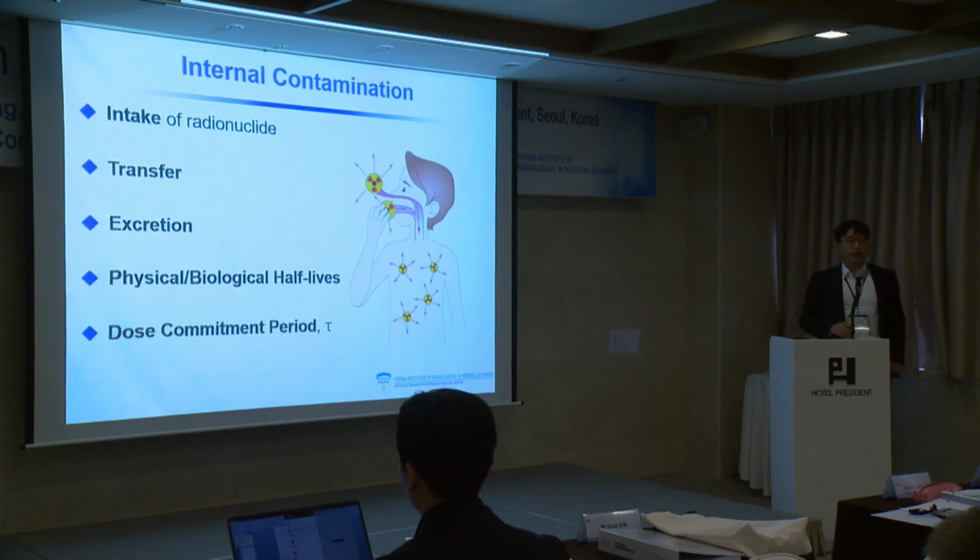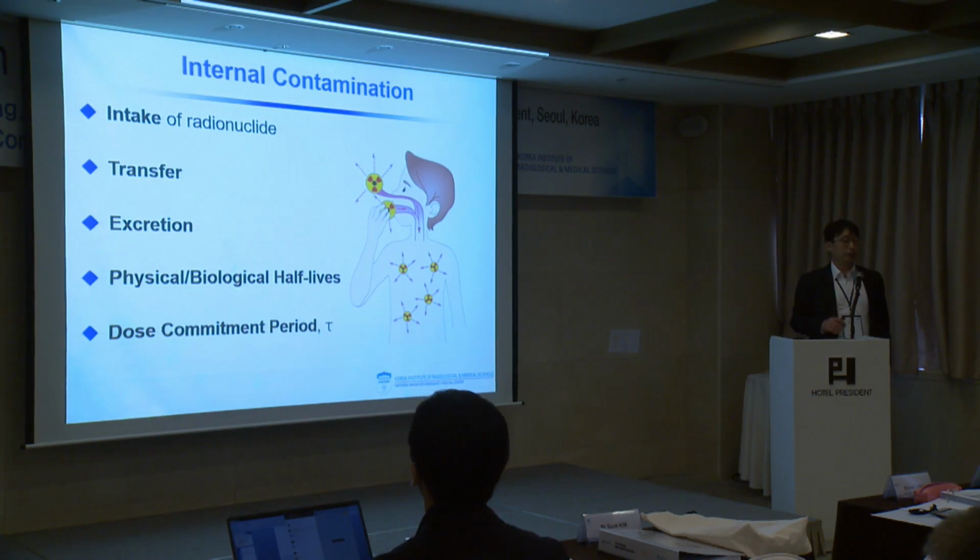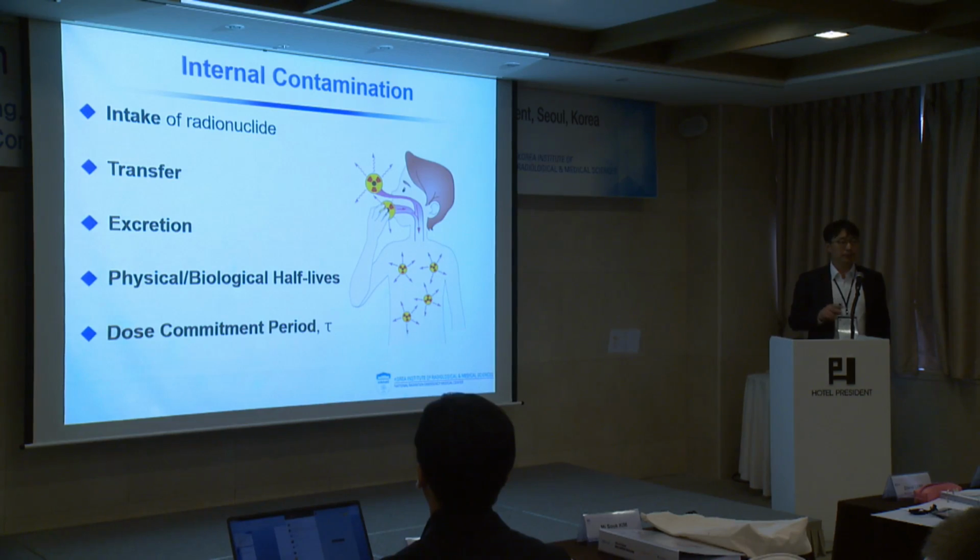And additionally, you have to know the half-life of the radionuclides. There are two half-lives, physical and biological. Physical half-life is the time required for a radionuclide to reduce its original activity to half due to nuclear decay or nuclear transformation.